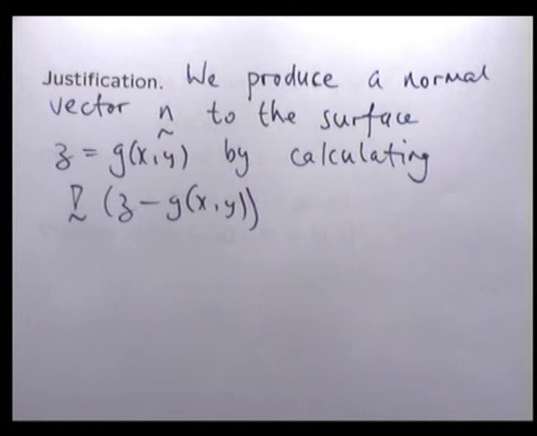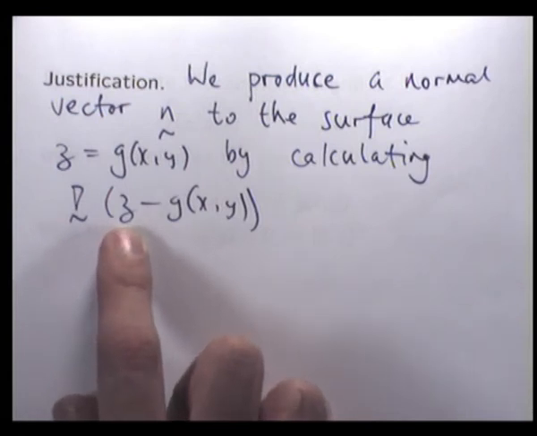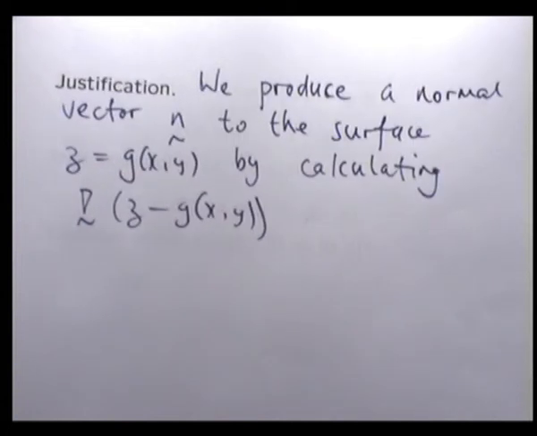Okay? Now, you can, if you want to, calculate the normal vector by considering g minus z and taking the gradient of that. It'll still give you a normal vector, but it won't be an upward pointing vector. So instead of looking like that, it'll look like that.